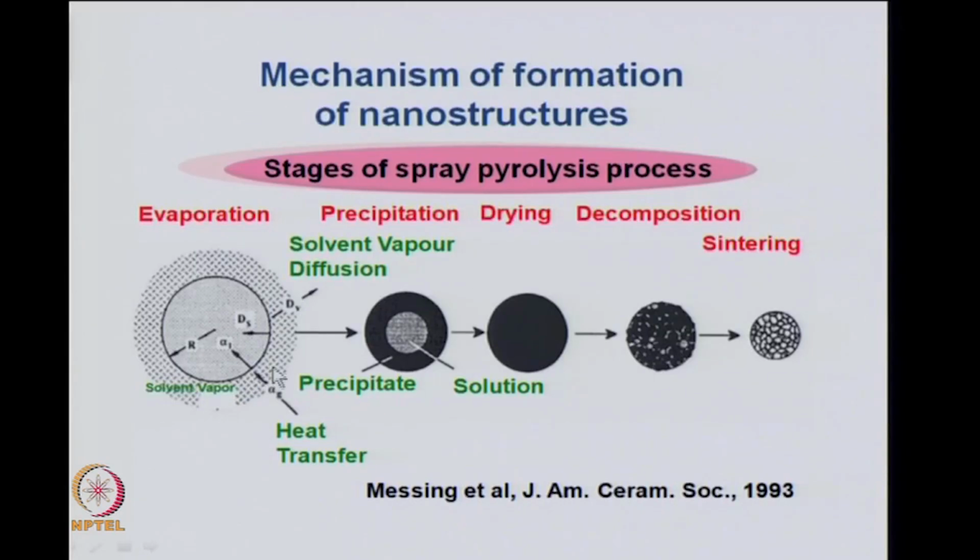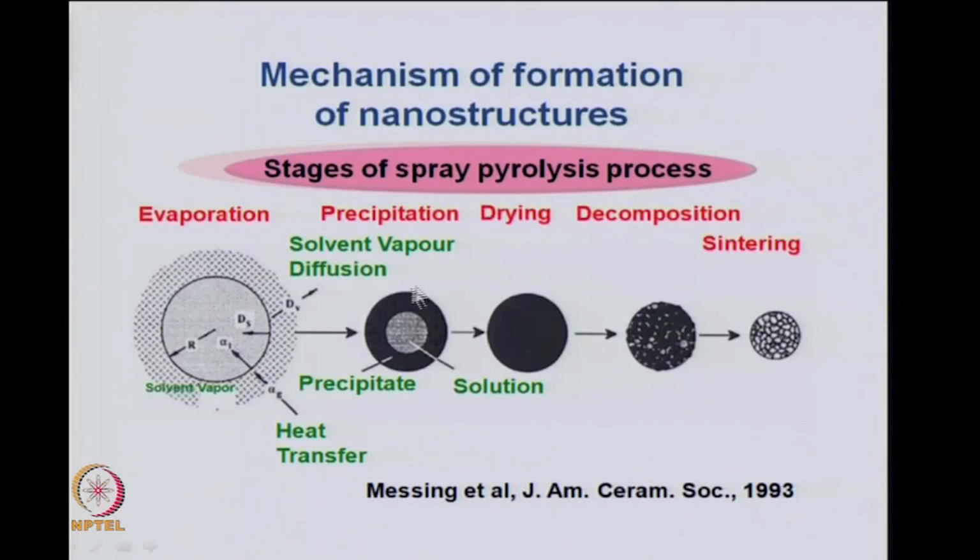So, first the solvent will go away from the periphery, and then the solvent from the interior will go out. In that case, you will first have a precipitate, that means there is no solvent here, only the solute, but inside you still have a solution.